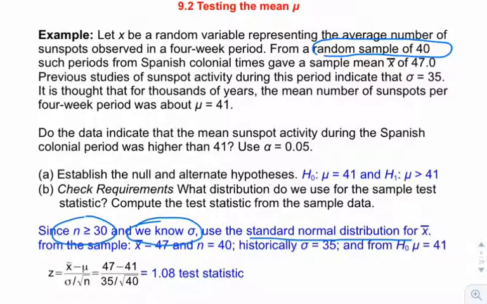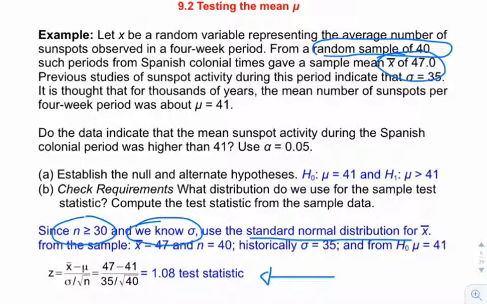And here we have the computation right here at the bottom line. So you can pause the video and see that you get the same value using your calculator. So x bar was 47. That was the mean of the sample up here in the body. 41 was our historical average, our mu.